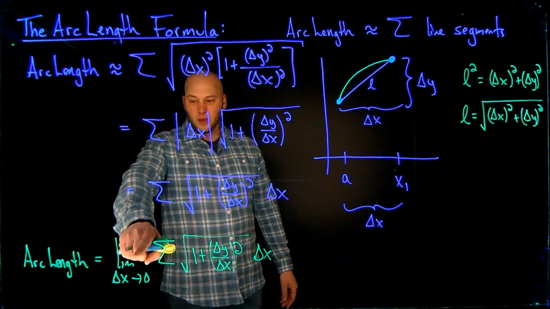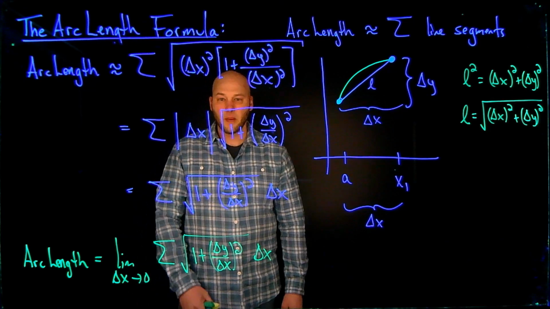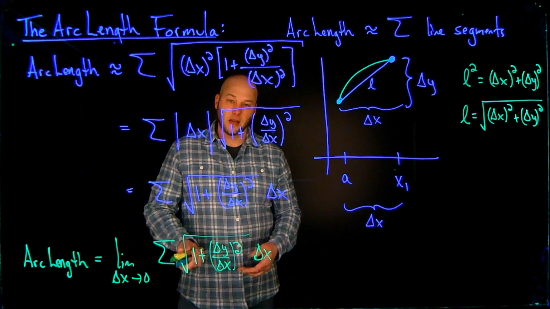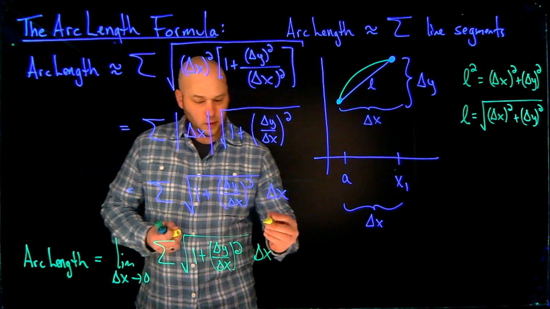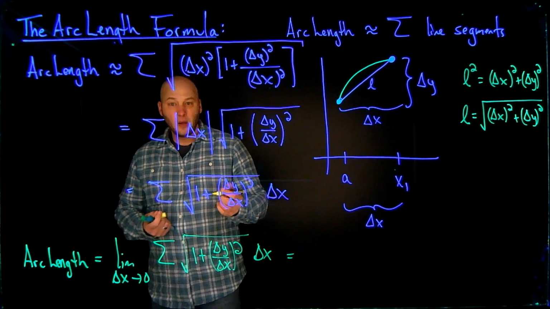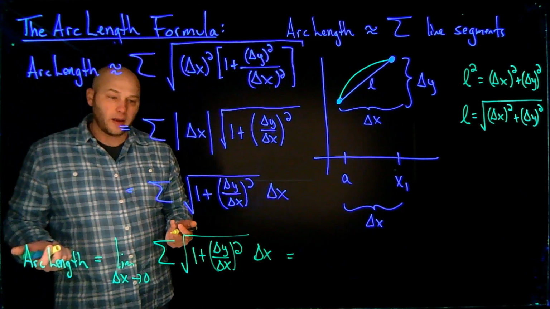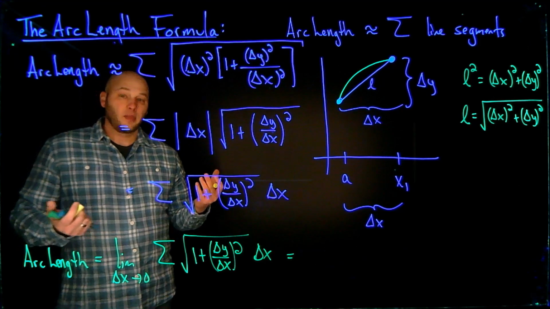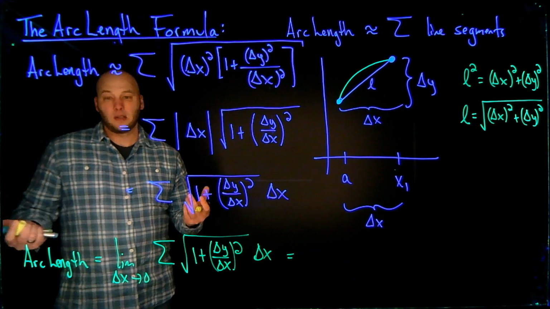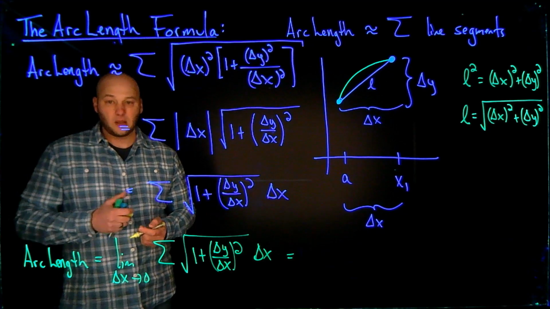Now, this is the limit as delta x goes to 0 of a Riemann sum. That turns into the definite integral. And not only that, but if you look at the expression within the Riemann sum, I've got a delta y over delta x, so the change in y over the change in x, that's the difference quotient. And as the denominator goes to 0, that gives me the derivative.